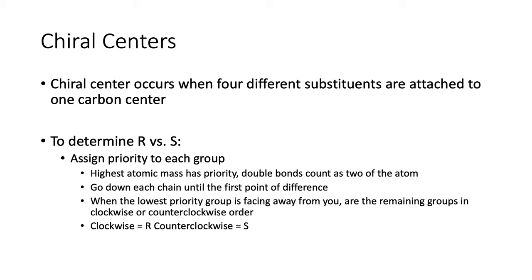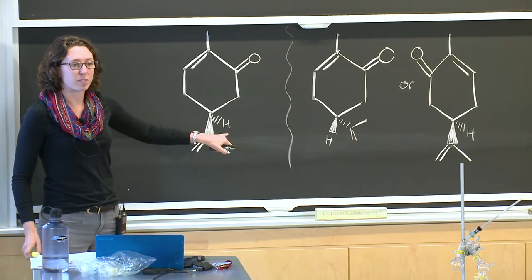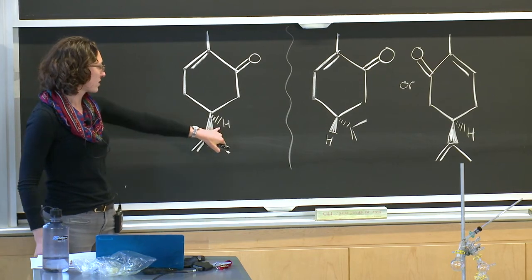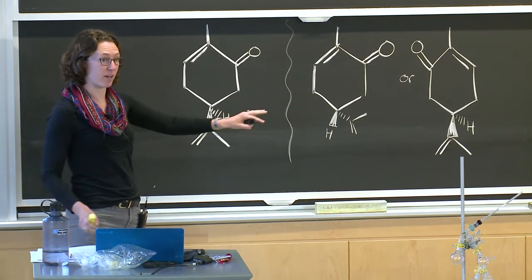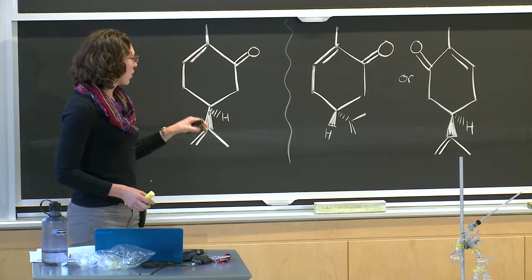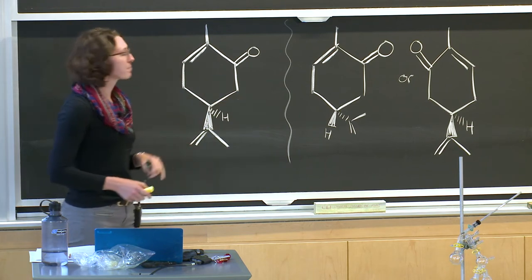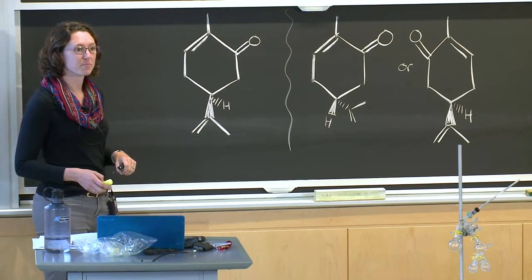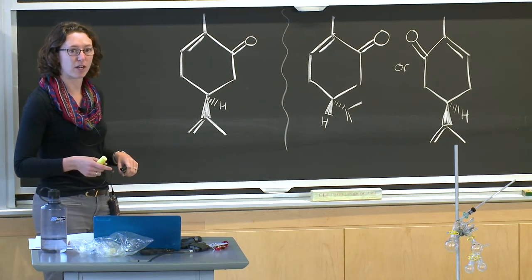So if we look at our carvone molecule, usually if your stereocenter has a hydrogen, that's pretty much always going to be your lowest priority group. I've drawn this particular isomer with the hydrogen pointing away from us so that we can more easily determine R versus S. So can anyone help assign the priority of these 3 groups? Does anyone know what the highest priority would be?